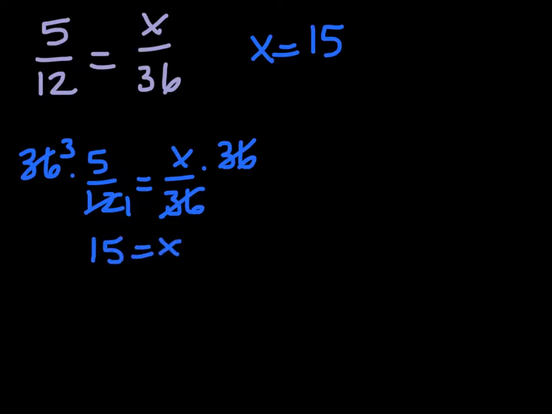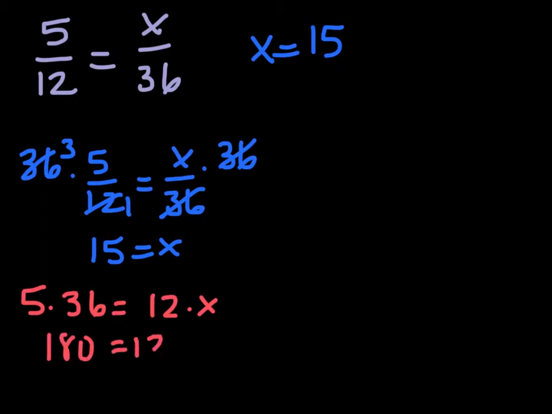So there was the algebraic technique. Finally, we can use cross products, which would give us 5 times 36 equals 12 times x, which gives us 180 equaling 12x, which is 15 equals x.